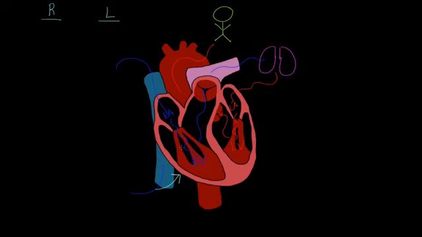Well, think about the blood flow. So we know that the blood in the right ventricle is not going to get squeezed out into the pulmonary artery to the lungs. So we're going to have a decreased amount of blood that's making it to the lungs, and we're going to have a backup of blood through the right atrium.